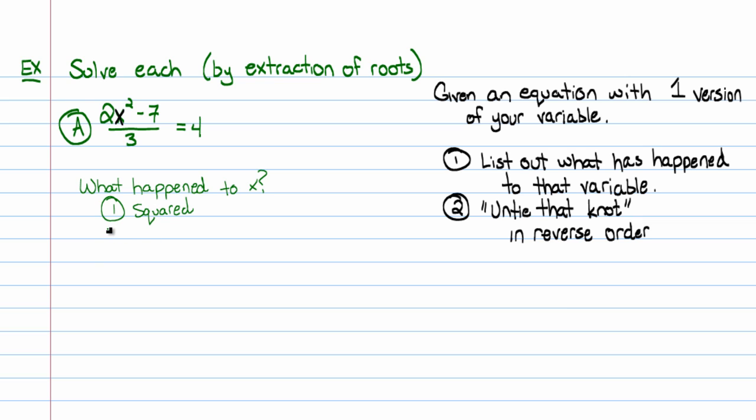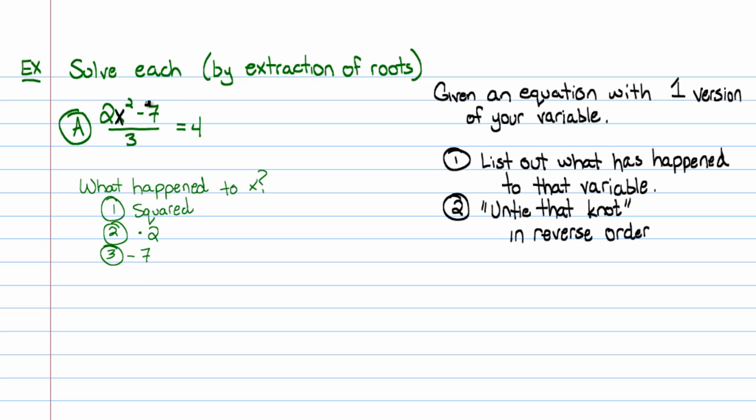Now, after they squared it, following the order of operations, after you take care of exponents, what did they do? Well, the next thing they did is they multiplied it by 2, again following the order of operations. After they multiplied it by 2, they subtracted from that 7. So they squared it, they multiplied it by 2, and they subtracted from it 7.